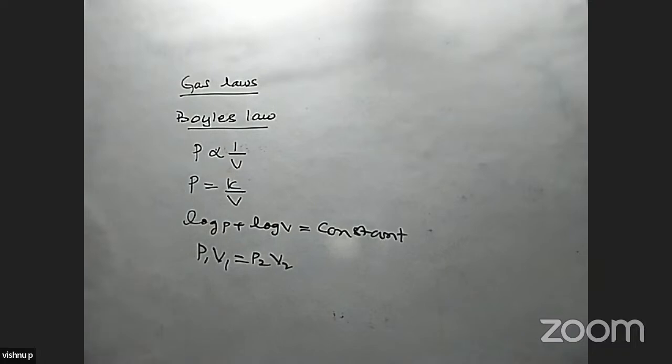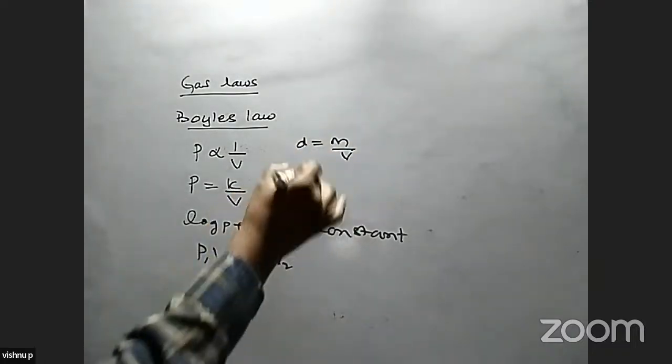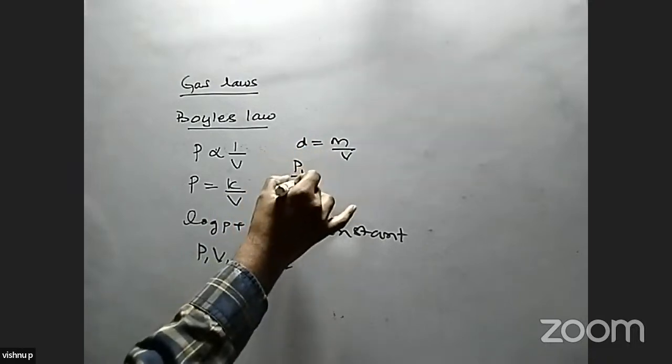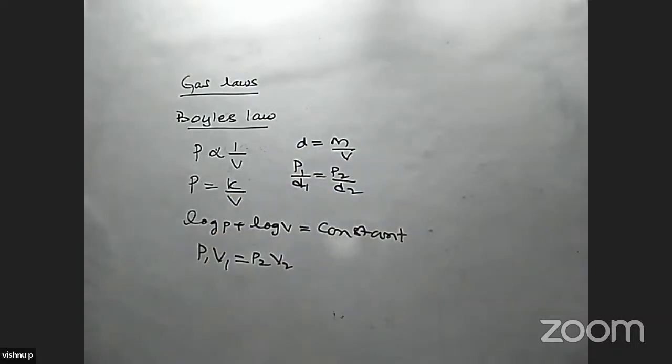Density is mass by volume, so density is proportional to pressure, and we can also use P1 by D1 is equal to P2 by D2. So this is called Boyle's law.